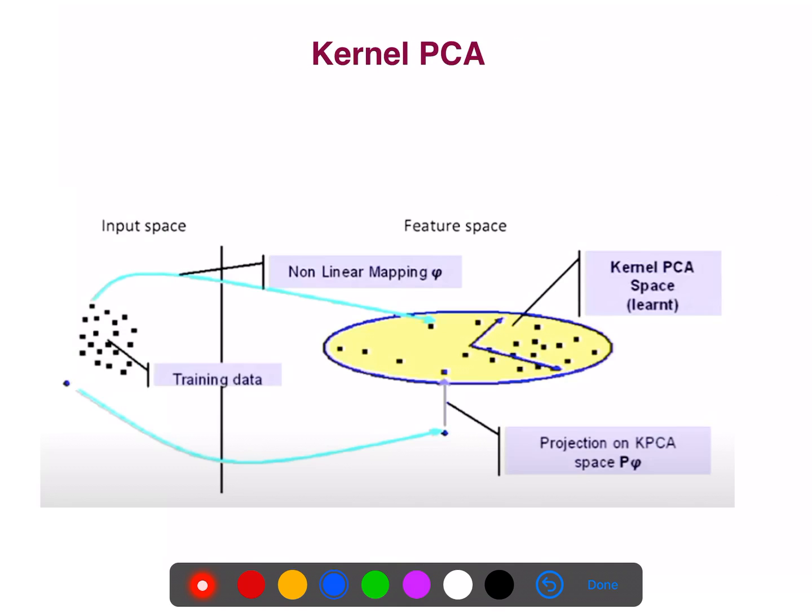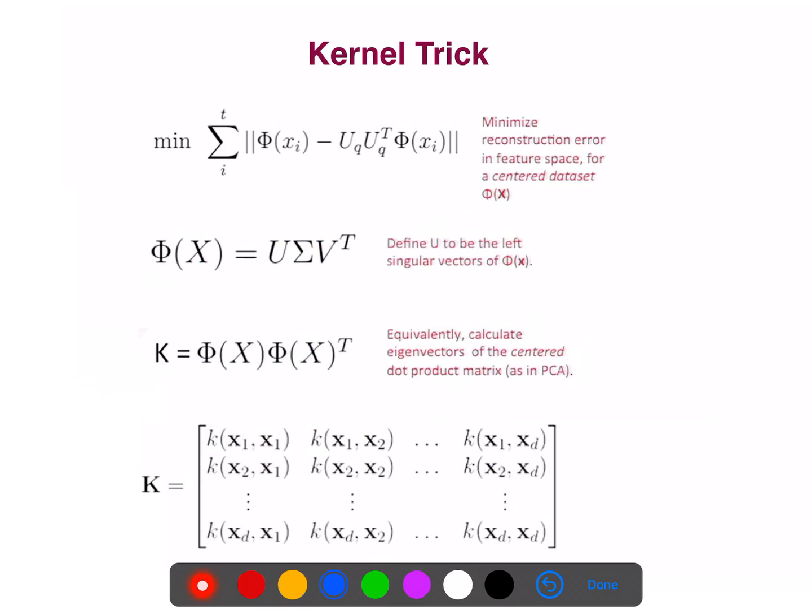So in kernel principal component analysis, like any other kernel method, like support vector machine, they use the kernel trick. Here we use the kernel trick, so it's really important. We just don't use phi of x explicitly, but we use it implicitly. So these mappings are just implicit.